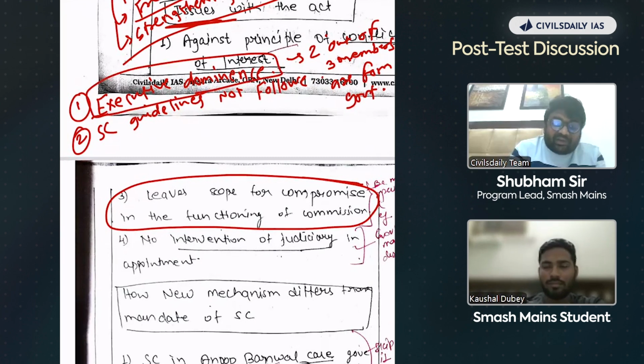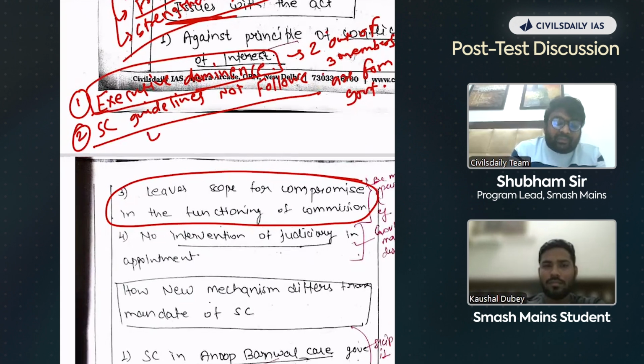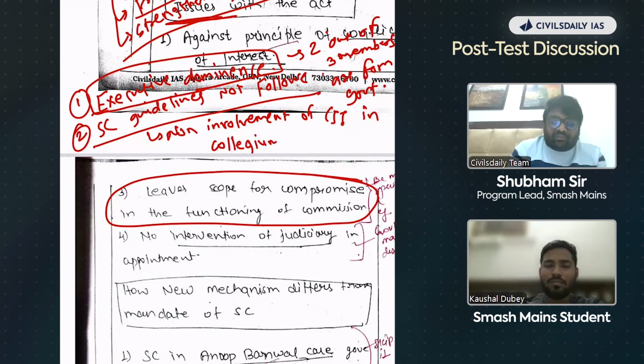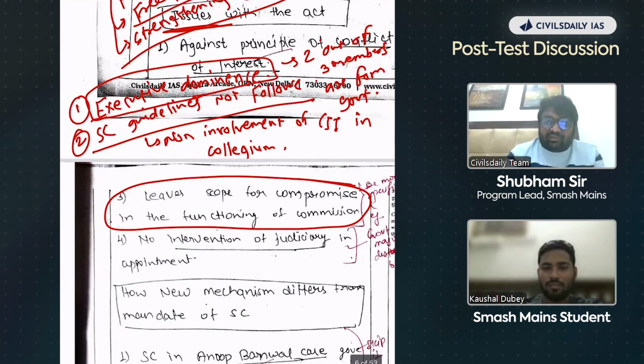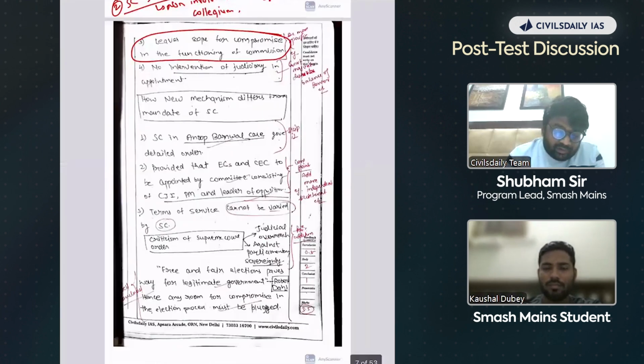I will write SC guidelines not followed, and in the elaboration, non-involvement of CJ in the collegium or selection committee. Now when I say executive dominance, why executive dominance? Because 2 out of 3 members are from government. So this way you have to write.